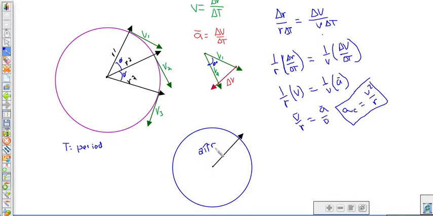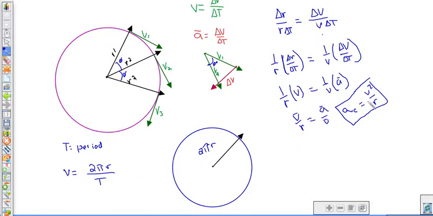So 2 times pi times the radius gives me the circumference of the circle. That total circumference, 2 pi r, divided by the time it takes me to do that, is my velocity. So velocity actually equals that.